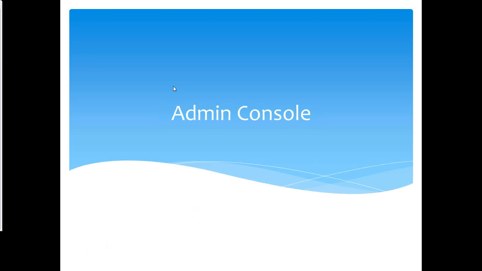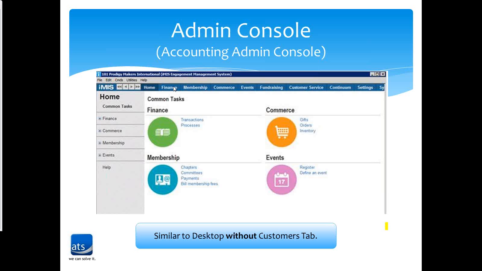You could actually have it go to old iMIS. But this is where you're going to set up your batches and change member types if you needed to, and do all of that kind of stuff. At the end of the day, this will be used for only accounting type stuff, and everything else is planned to be put into the actual staff site when it's done.